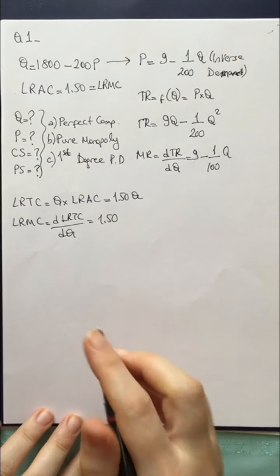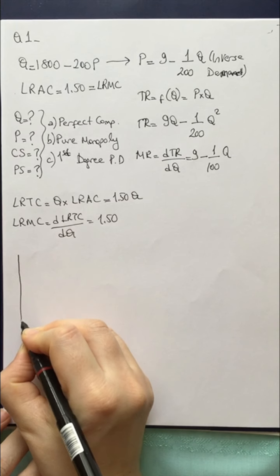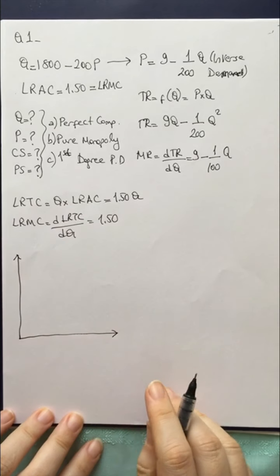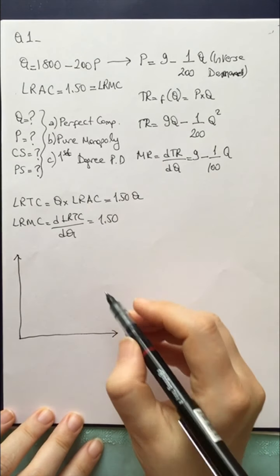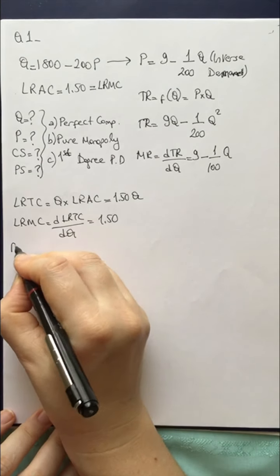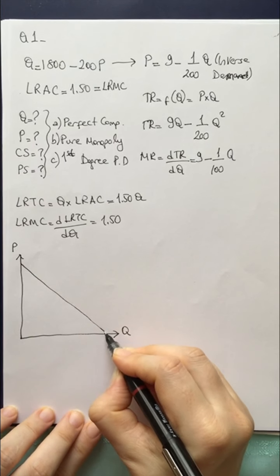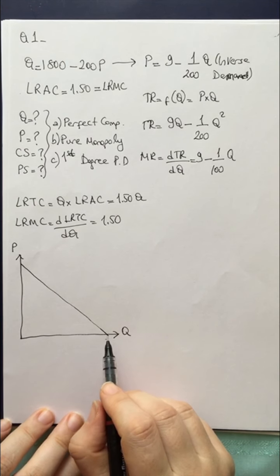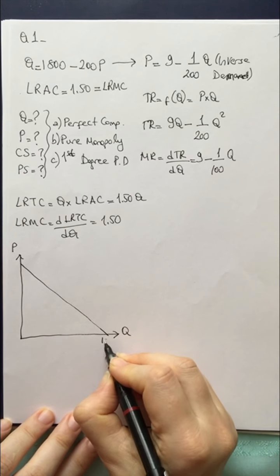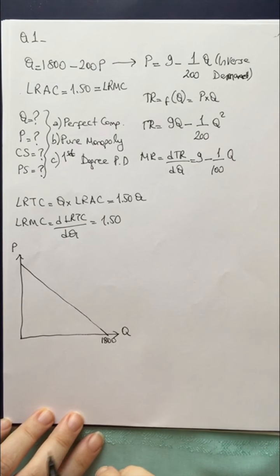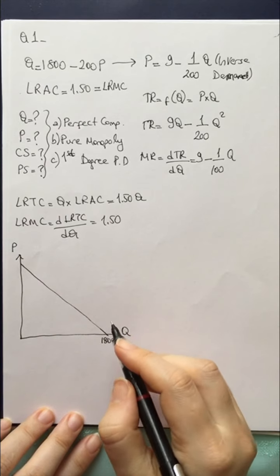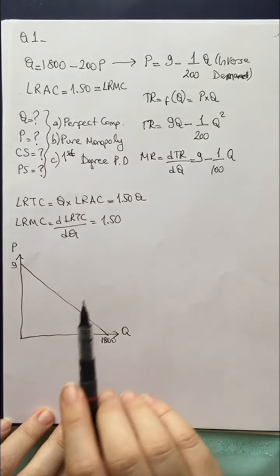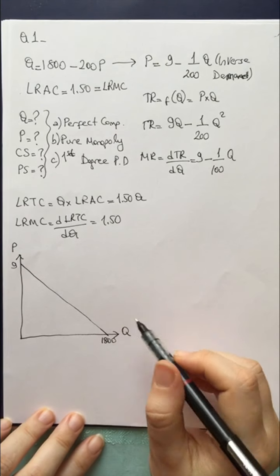Let's draw what we found and then find the solutions. Here quantity and here price. We have a negatively sloped demand function. The horizontal intercept: if P is 0, then Q is 1800, and if Q is 0, P is 9, in this demand function, or inverse demand, just the same.